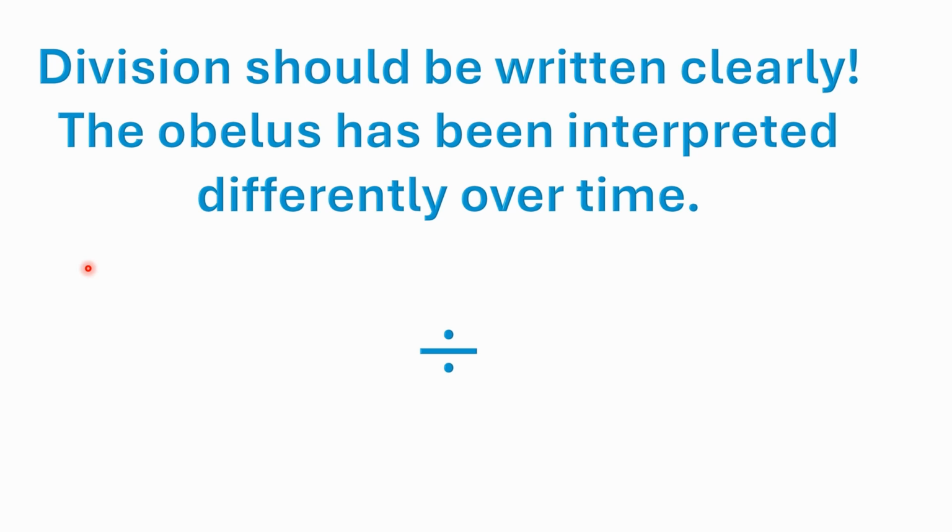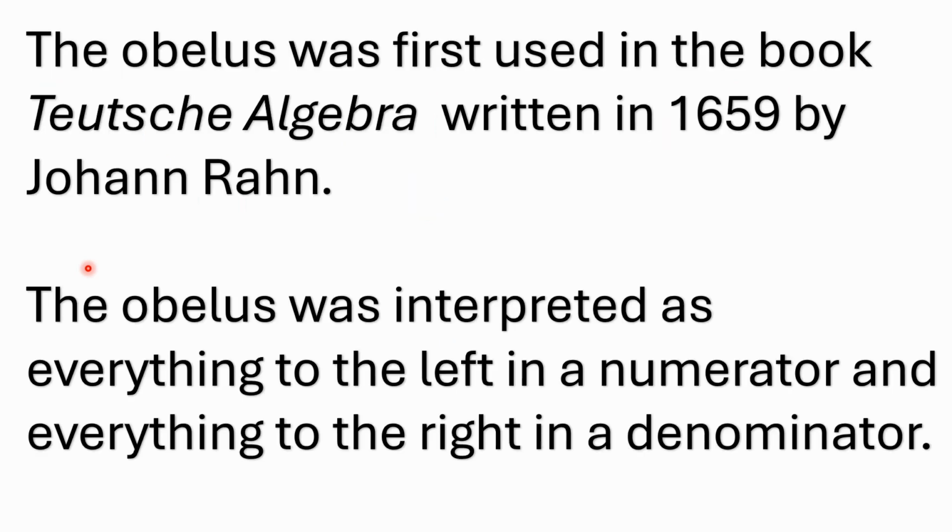If you remember earlier, I said there's a couple cases that you could try to make for why the answer would be 5, and one of those is your implicit multiplication, and your second one could be the interpretation of the obelus. Now, as far as I know, modern interpretations of the obelus, basically, the number directly to the left is in a numerator, the number directly to the right is in the denominator.